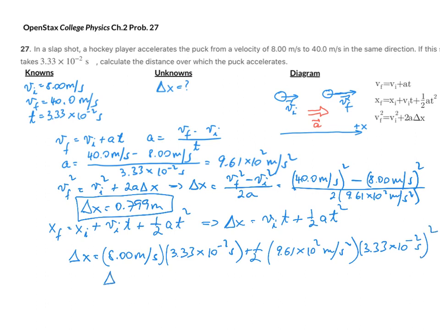And guess what? If I plug in all those numbers, I end up with delta x as 0.799 meters. This is an excellent thing: I was able to compare the solution from one equation with the solution from the other by using different equations, and I got the same answer.